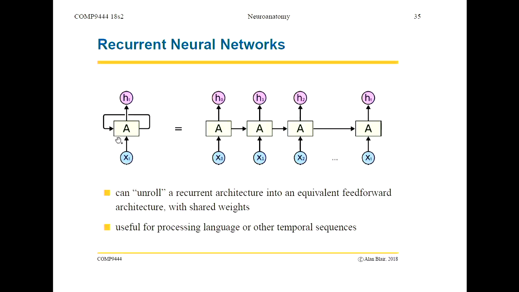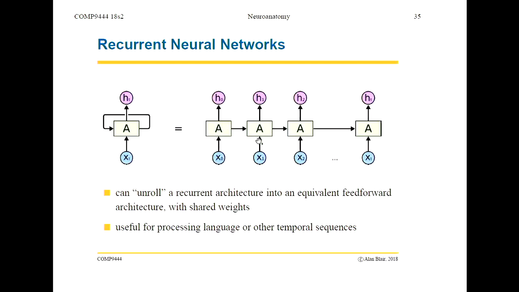So what you have is a bunch of neurons in here. You feed in one word, and then you do one step of computation, and then you feed in another word. And what happens in here is dependent on the previous state of this system as well as the new word. So this is called a recurrent network, and we can think of it as unrolling. You've got a bunch of neurons after you've heard the first word.